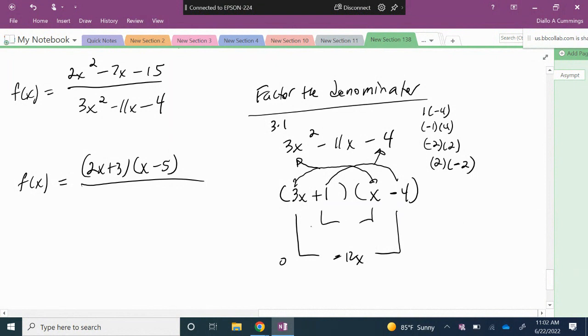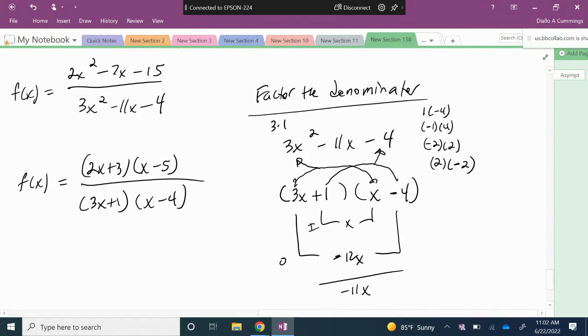For the innermost terms, 1 times x is x, and if I combine those, I get negative 11x. So we can completely factor the denominator as 3x plus 1 times x minus 4.